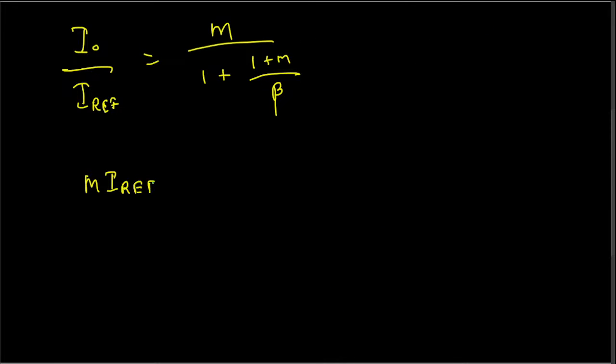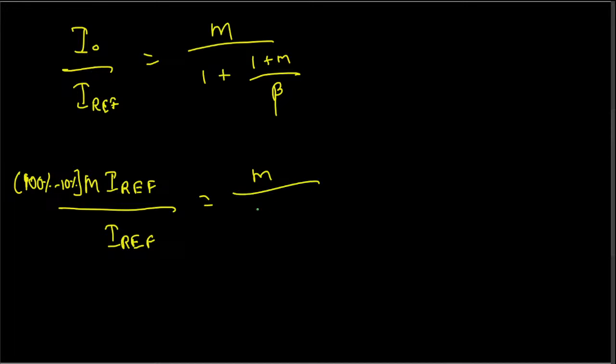But there's a 10% error, so we are taking that into consideration. So 100% minus 10, only 90% is going to be realized. So I reference, and then this divided by I reference, that's equal to M over 1 plus M over beta, and this M cancels, this I reference cancels.